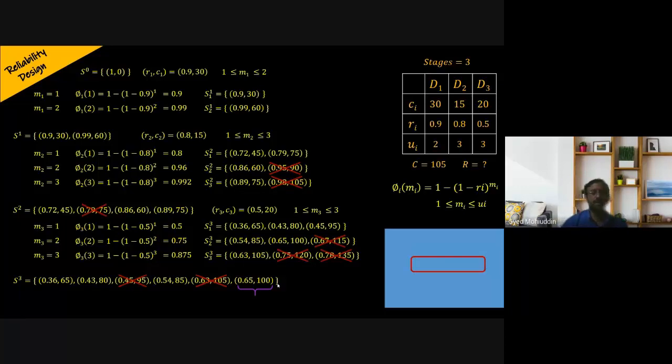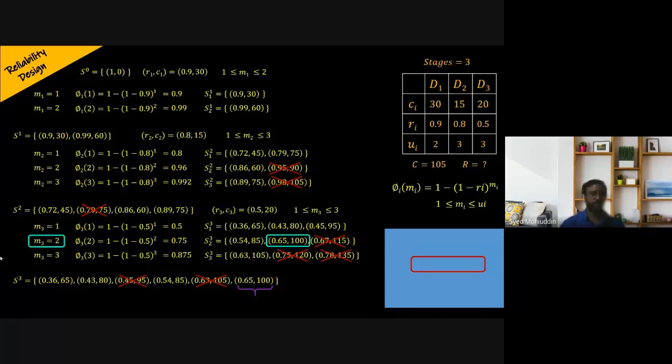Now, how did we get this reliability? By including how many devices in each stage? So let us now compute that. We got this 0.65 and 100, this tuple, from S32 because it's containing S32. Now S32 means we have computed this when we were using two D3 devices.